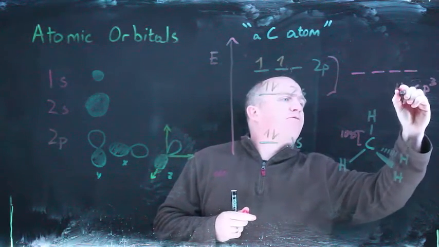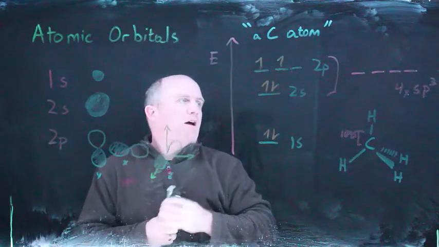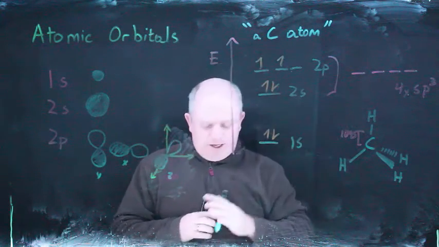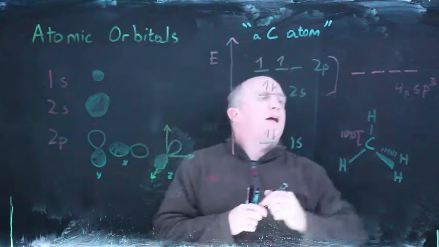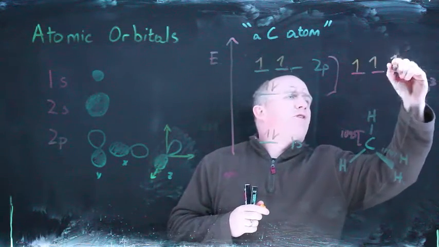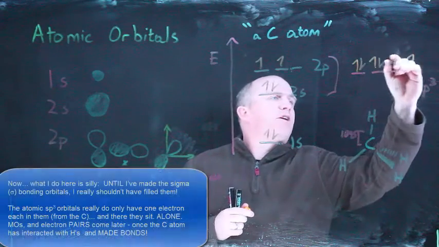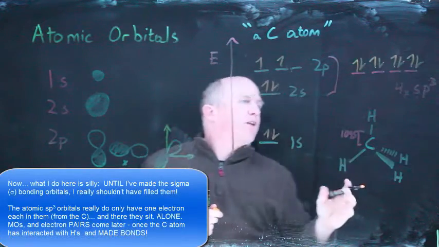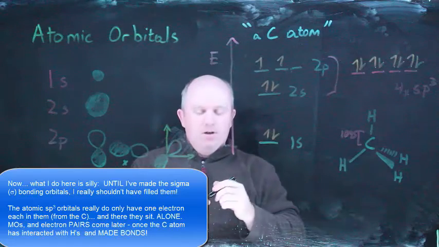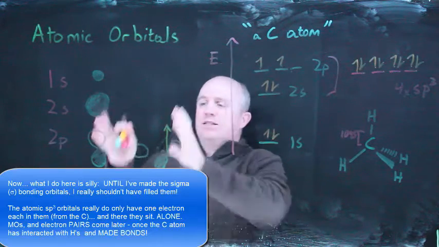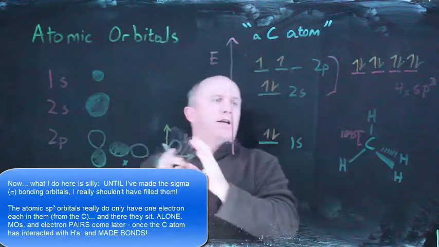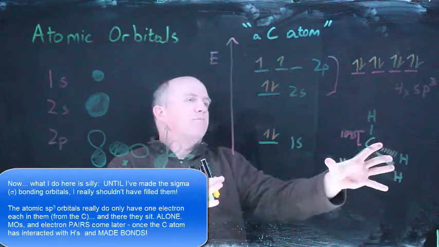And again, there's going to be 4 of those. Then you're going to use these 4 electrons from the carbon, and you're going to put 1 in each. And in order to make the actual bonds, you're going to take 1 electron each from each of the hydrogens, and that gives rise to the actual structure involved. So the key thing that we understand is that these orbitals, as drawn, cannot possibly make this bonding picture.